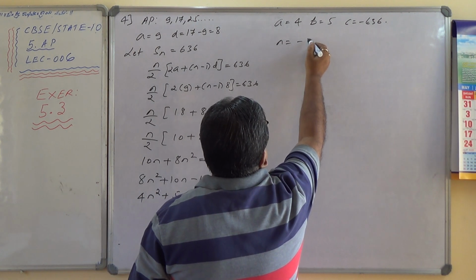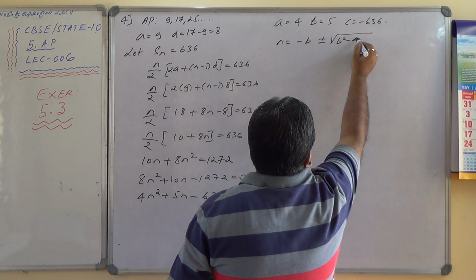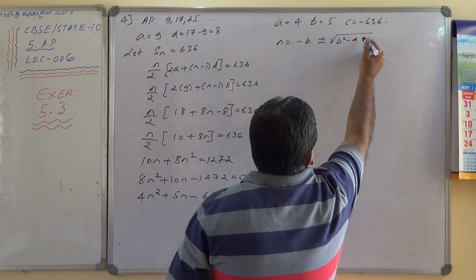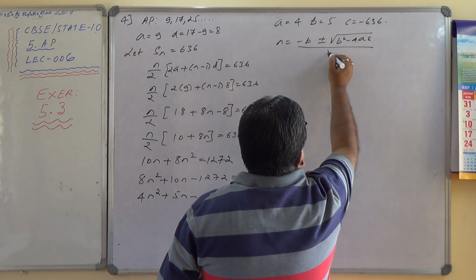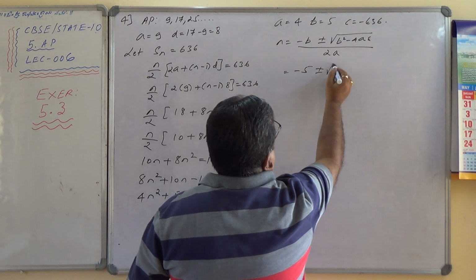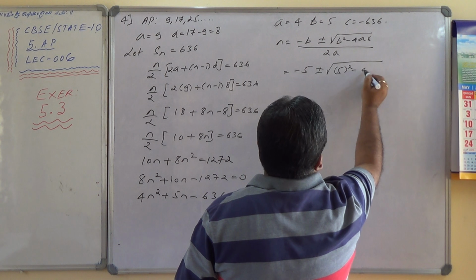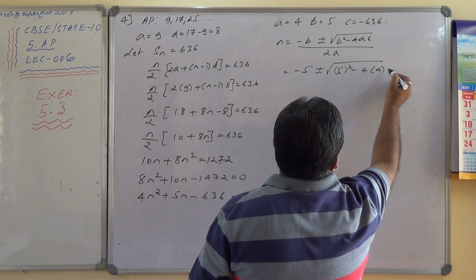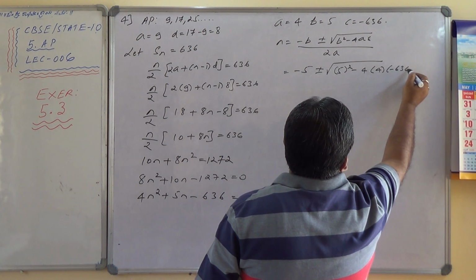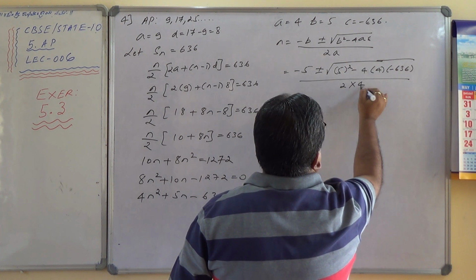What is the value of n here? n equals minus b plus or minus under root of b square minus 4ac, divided by 2a, which is minus 5 plus or minus under root of 5 square minus 4 times 4 into minus 636, the whole divided by 2 into 4.